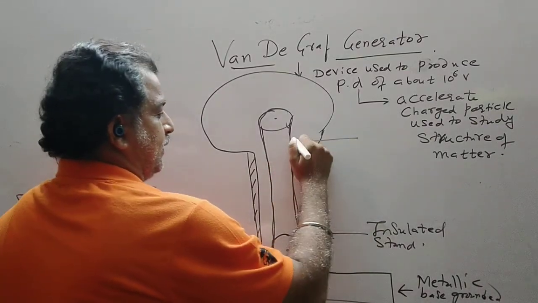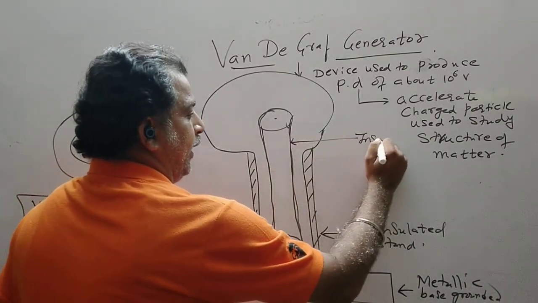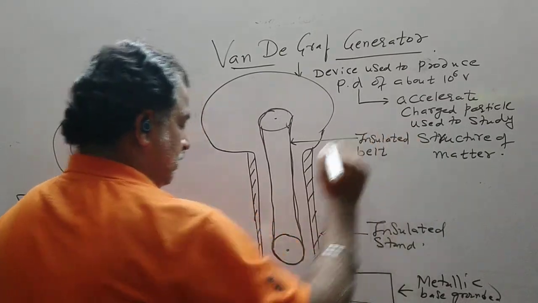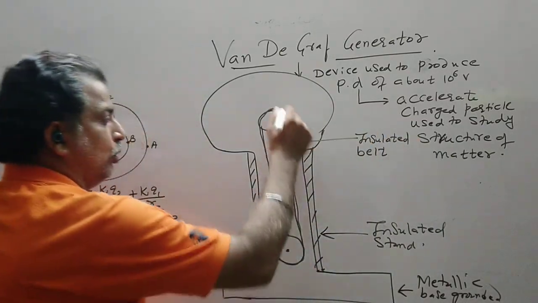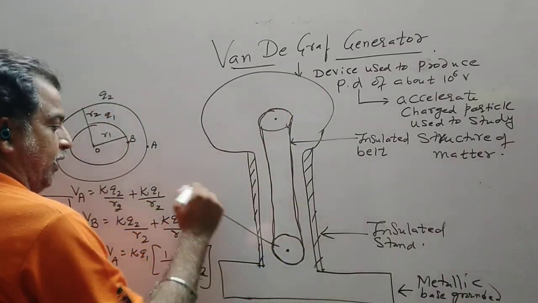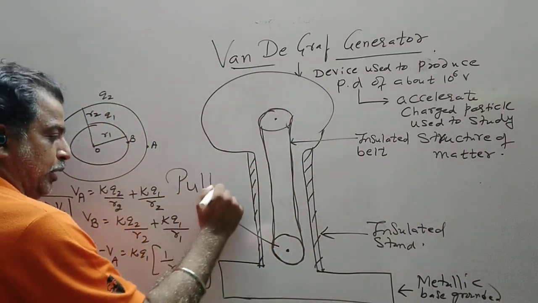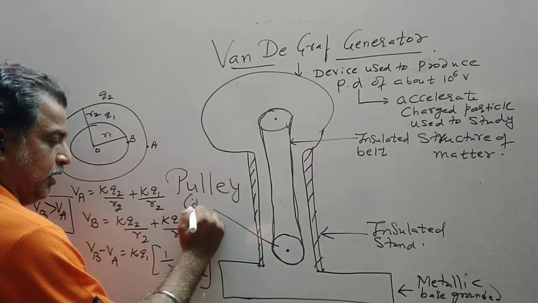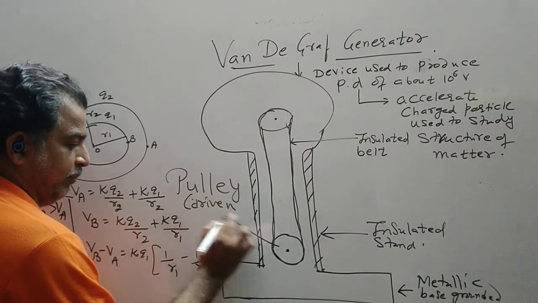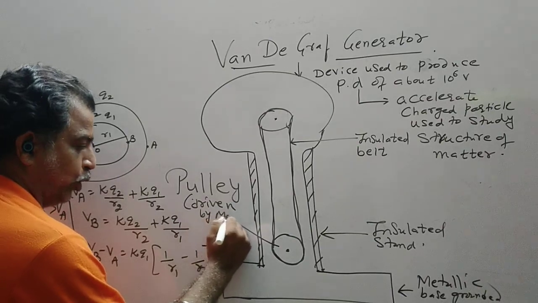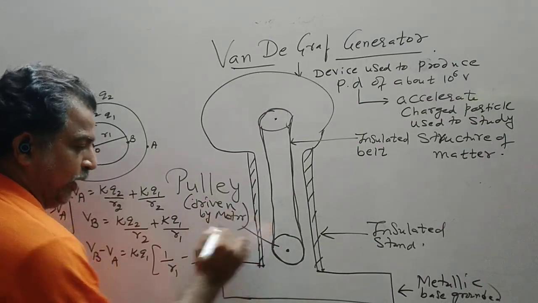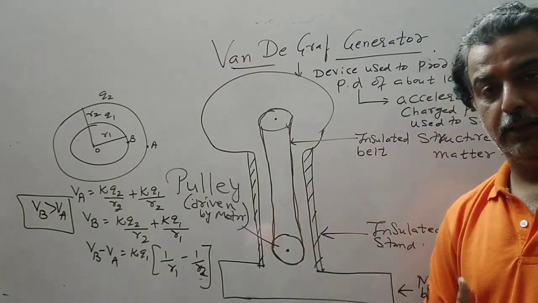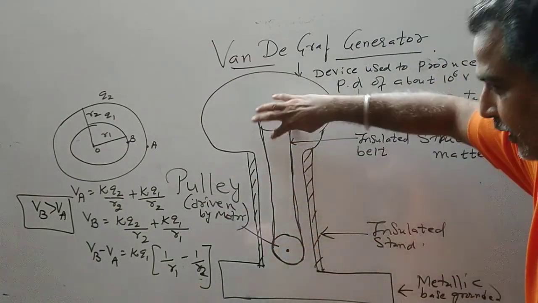So this is an insulated belt, and these two discs are pulleys, which are driven by a motor. So these pulleys are connected with a motor, so they will rotate.